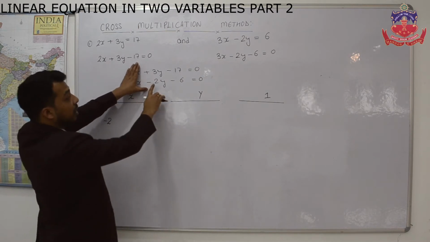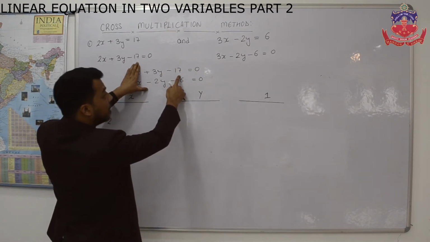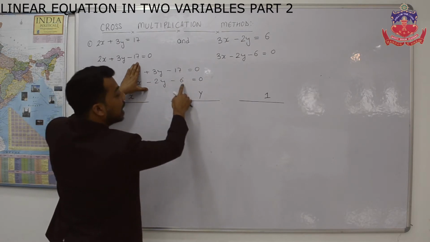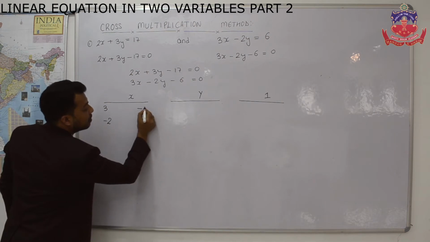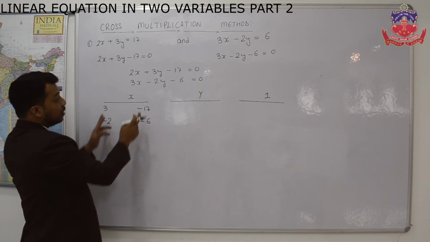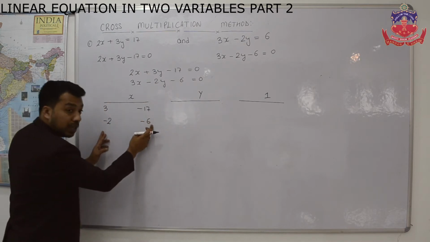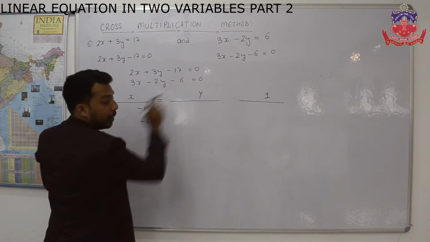Then you go to the next numbers which are visible: minus 17 and minus 6. So I will be writing out here minus 17 and minus 6. Once you have written the numbers below the x, you will put equals to in between x and y.